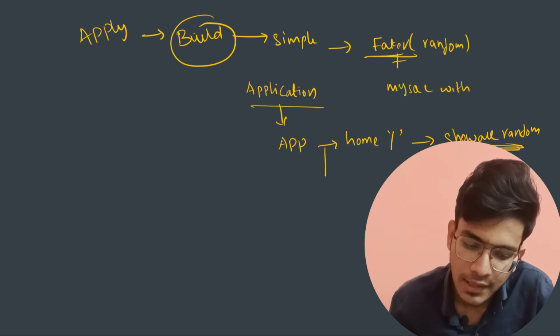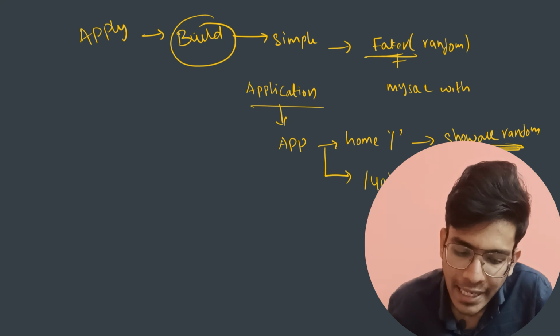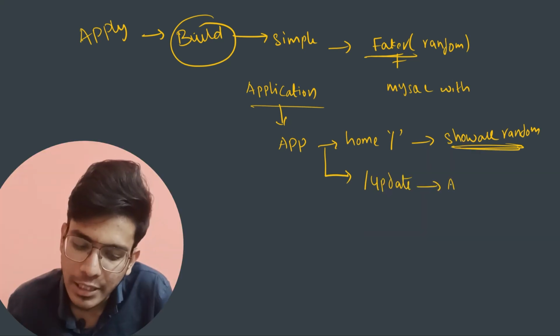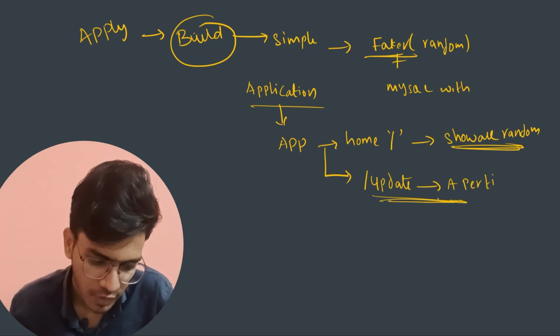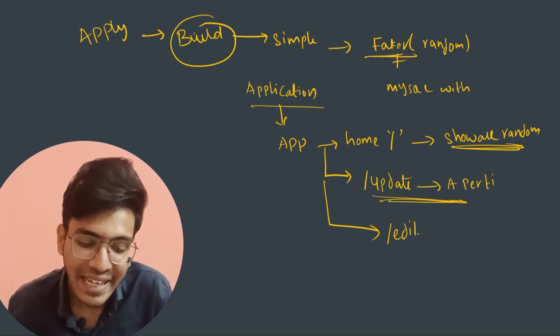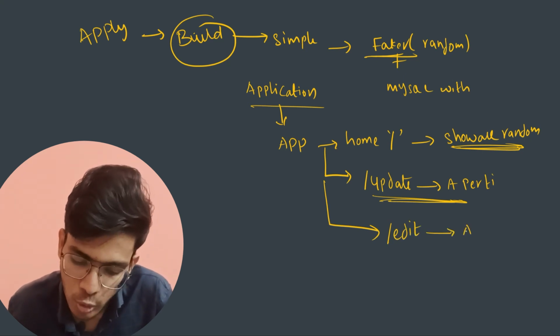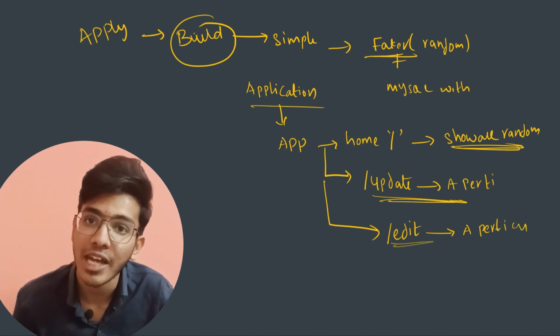This is the first path, and the second path is /update. If I want to update a particular user's data, then I will use the /update path. Okay, now if I want to edit the data of a particular user, then I will use the /edit path.